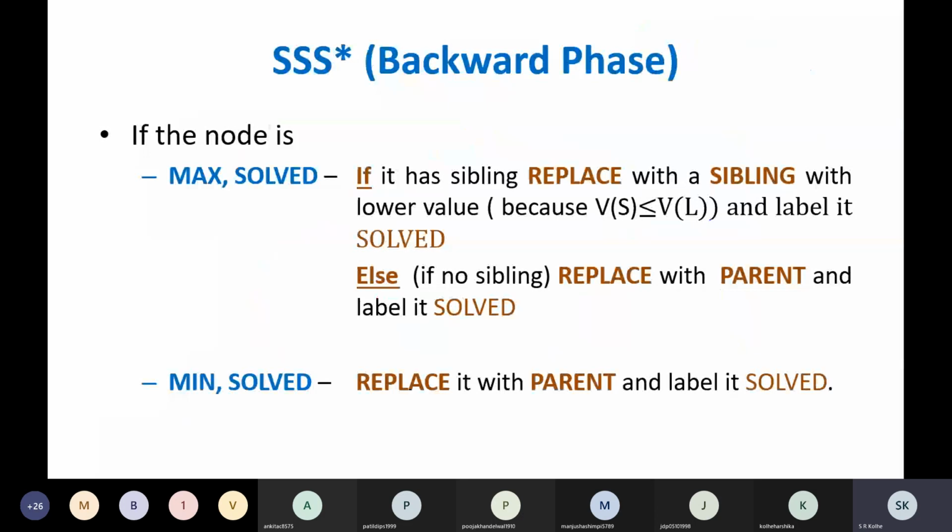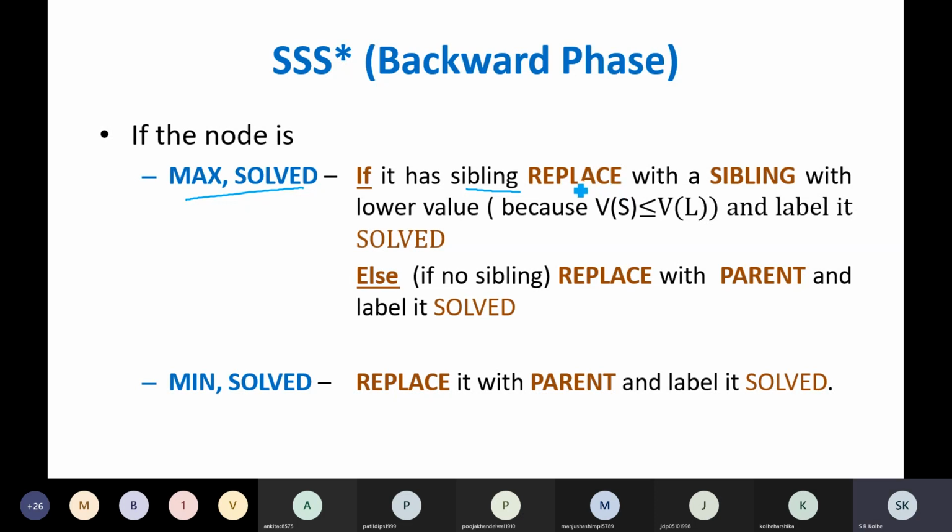Now the forward phase I told you. The backward phase is, from the terminal node you have to go to the root node. If the node is max, 2 possibilities are there. If the node is max and it is solved, terminal nodes we have labeled as solved.